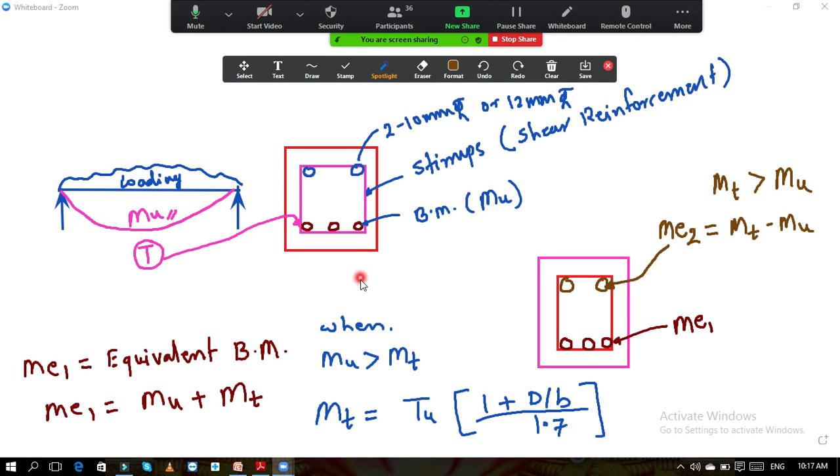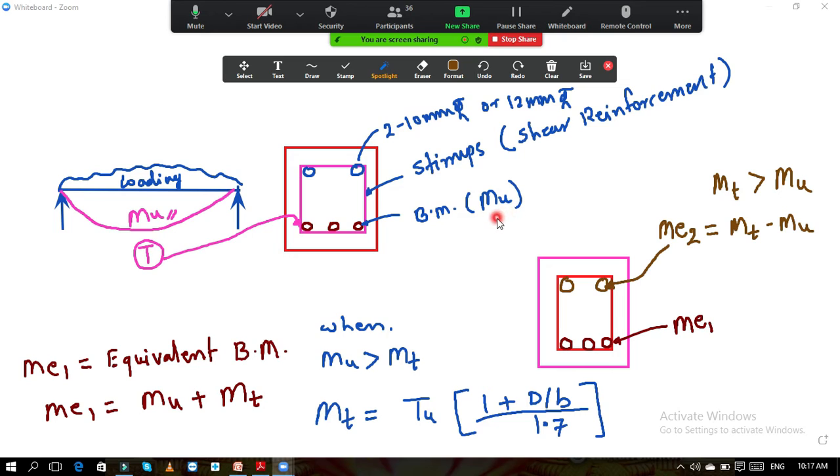Up till now, we have designed the beams, and while designing them we provide steel at the bottom and steel at the top. In normal beams, where no torsion is considered, we design these bottom bars for the bending moment Mu.